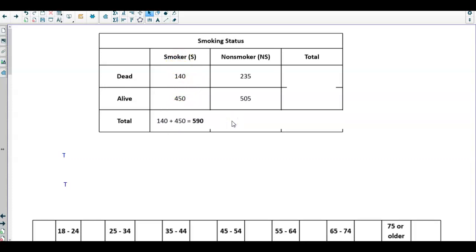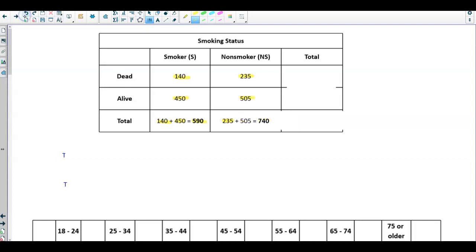What we need to do is add the following. We're going to take 140, add 450 to give us a total of 590. Likewise for non-smokers, we're going to add 235 that represented dead, 505 that represented alive, and that gave us 740.